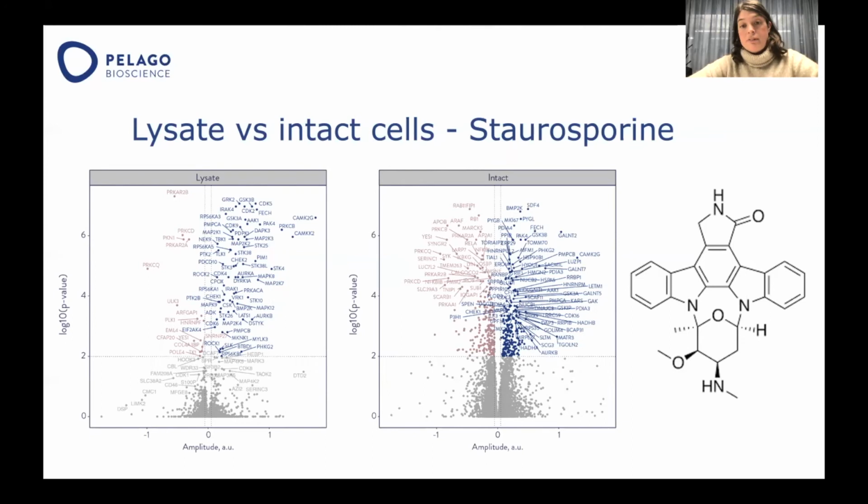A majority of the additional proteins in the intact data are proteins that are downstream of the kinases, for example, proteins that are phosphorylated by a kinase and thereby affected in thermal stability when we apply staurosporine.